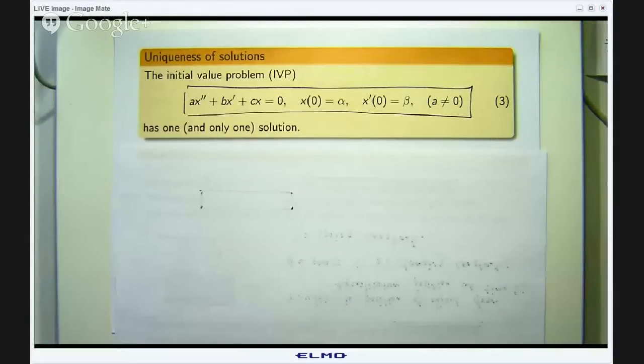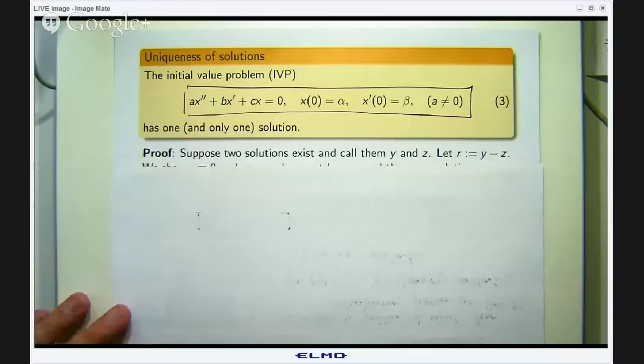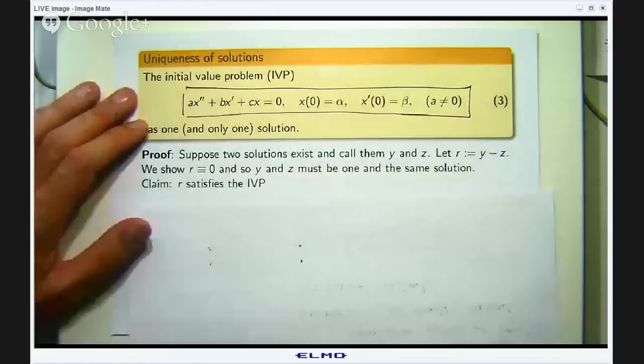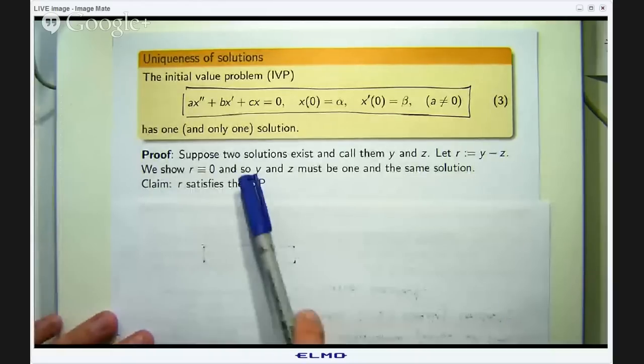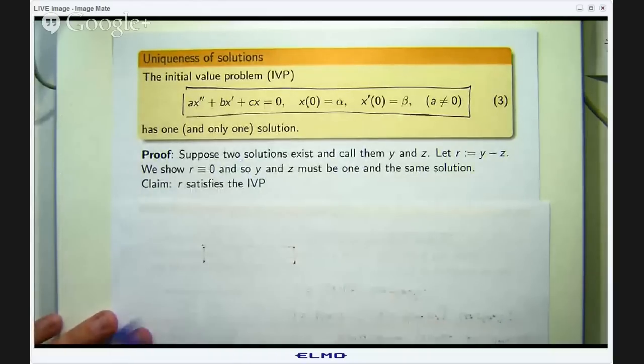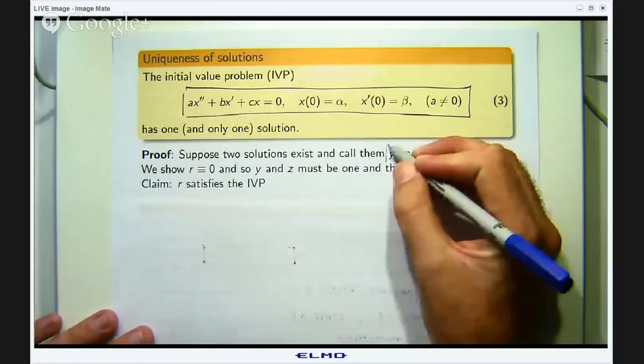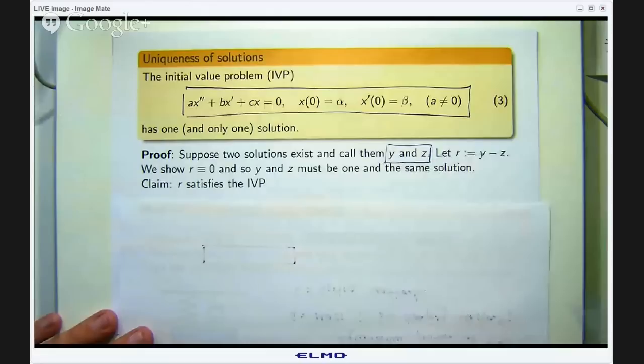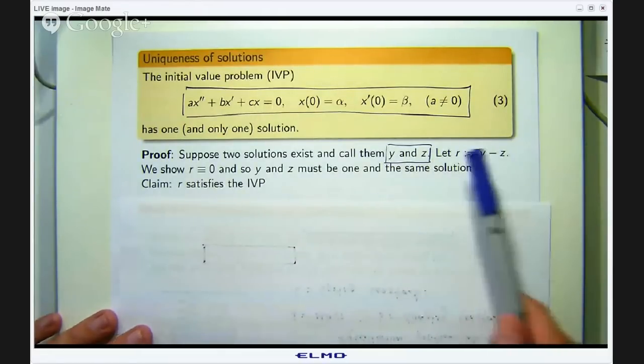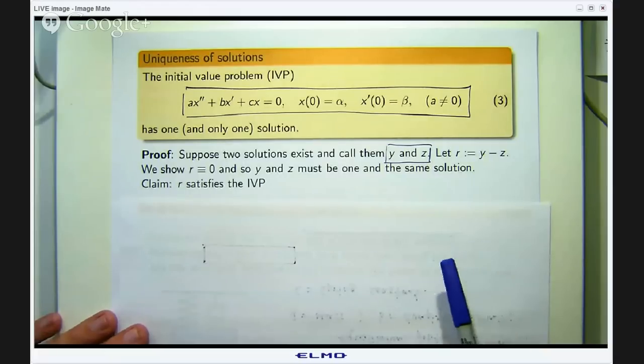All right, so here's the proof. We are going to assume that two solutions to this problem exist. And let's call the first solution y and the second solution z, and they'd be functions of t. And I'm going to let r be the function of t that is represented by the difference of these two solutions.